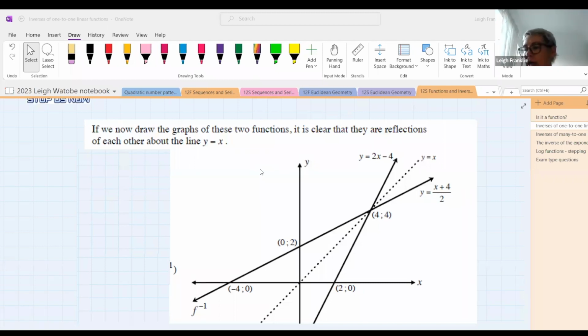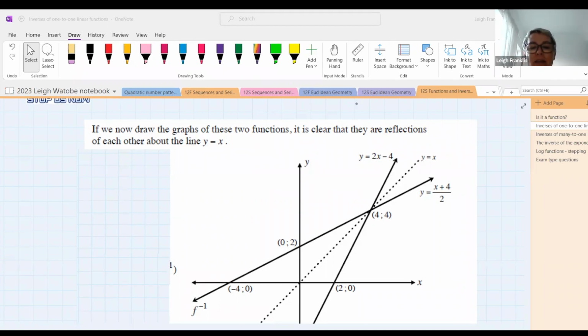Okay, so in order to be able to draw any straight line function and or its inverse, you need 2 pairs of coordinates. So either they can be in the form of the intercepts, or it can be any 2 points that lie on both functions. Okay, that's what you need to be able to draw a straight line.